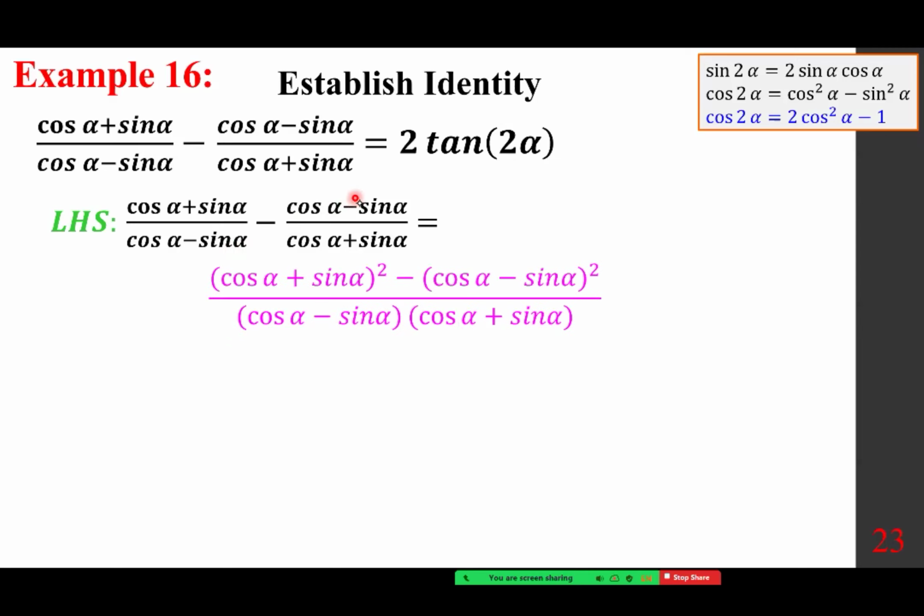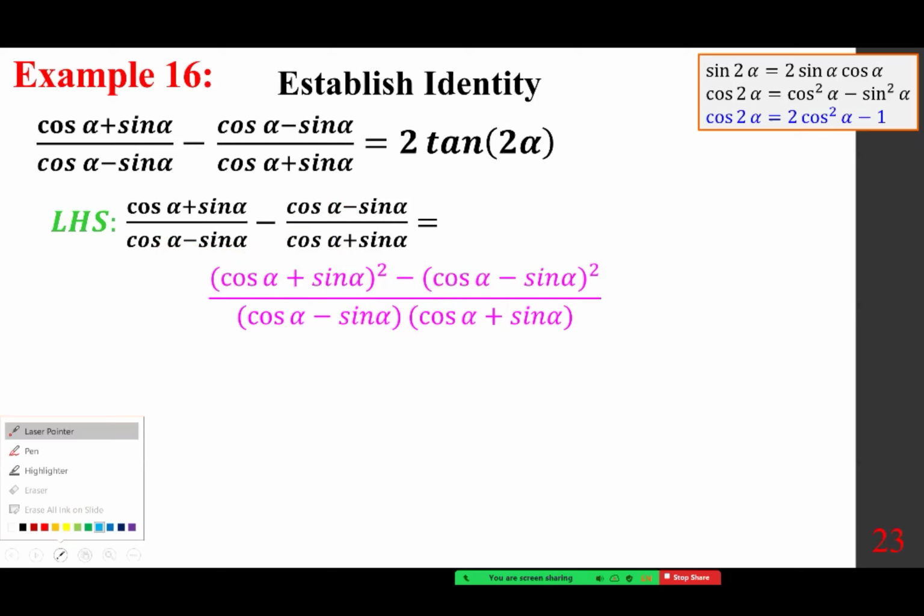So when you take the common denominator of cosine alpha minus sine alpha times cosine alpha plus sine alpha, the numerator becomes cosine alpha plus sine alpha squared, which is cosine squared alpha plus 2 cosine alpha sine alpha plus sine squared alpha, minus this.